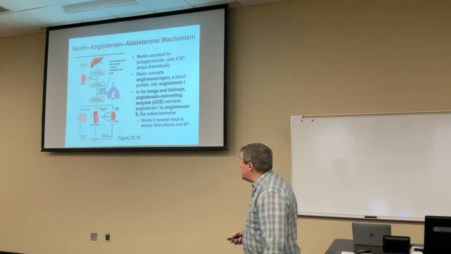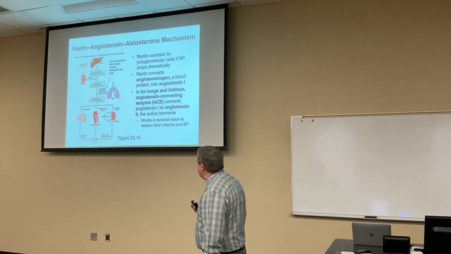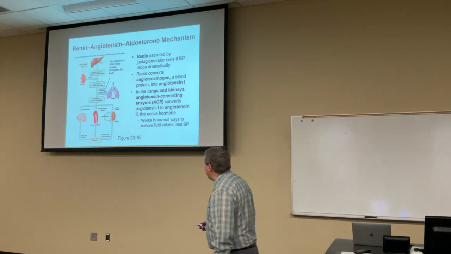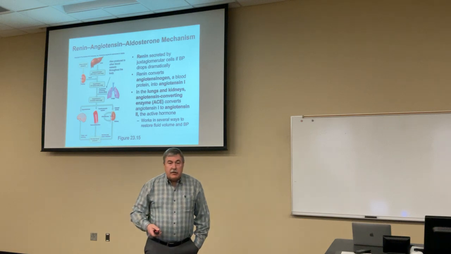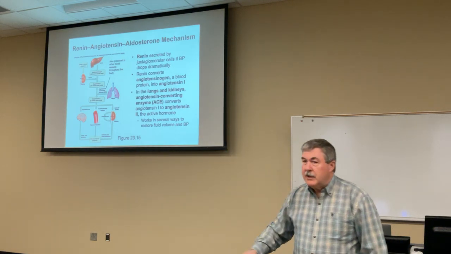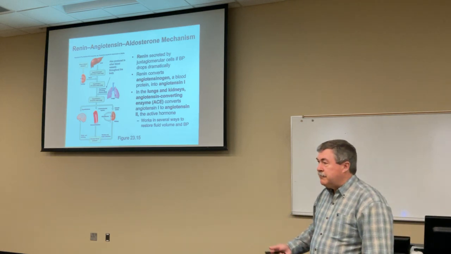So angiotensinogen is in your blood all the time. Angiotensinogen is a protein that is 453 amino acids long, so it's a fairly large protein. That's just mixed in with all the other proteins in your plasma, like albumin.